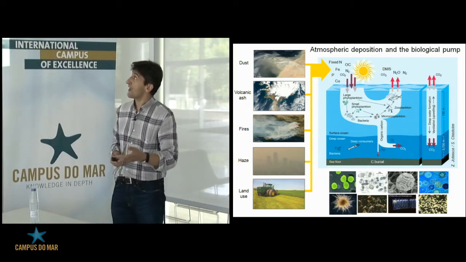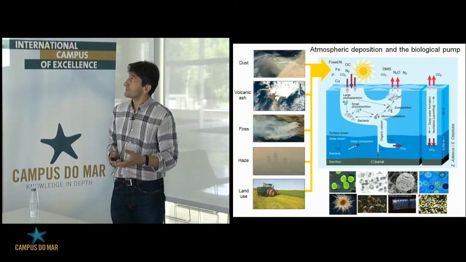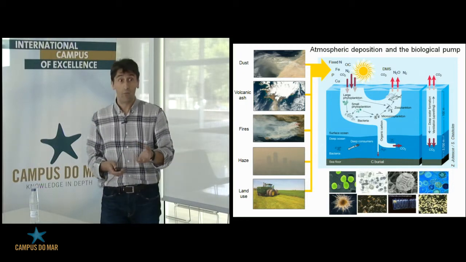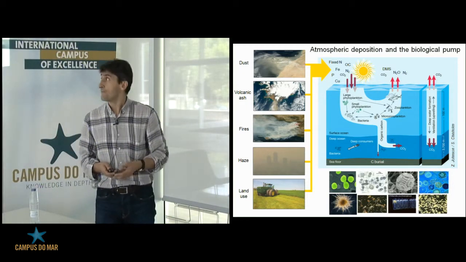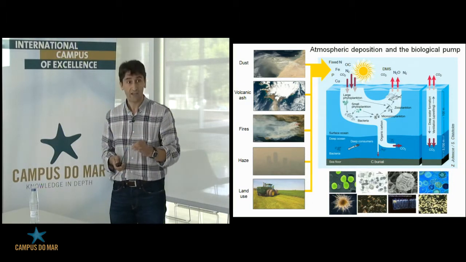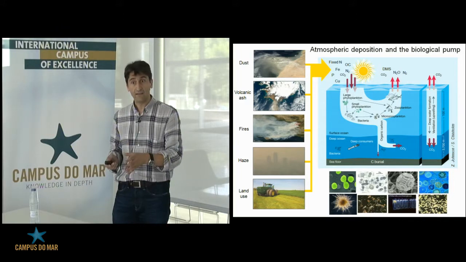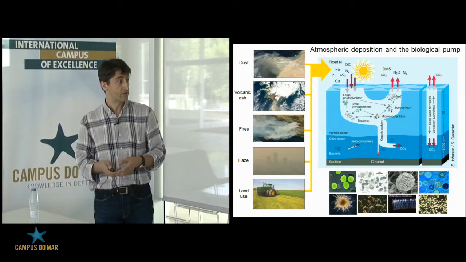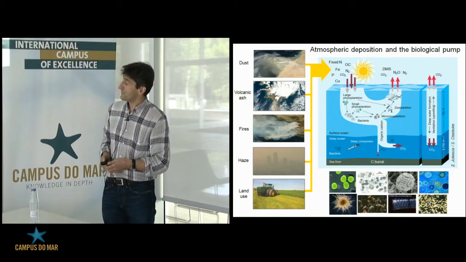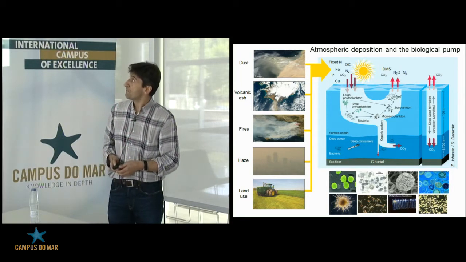You can have inputs of iron, phosphorus, nitrogen, but also potentially toxic components such as copper, for instance. So we are interested in understanding this connection between land ecosystems and ocean ecosystems through the atmosphere, whereby different nutrients can potentially affect the biological pump.